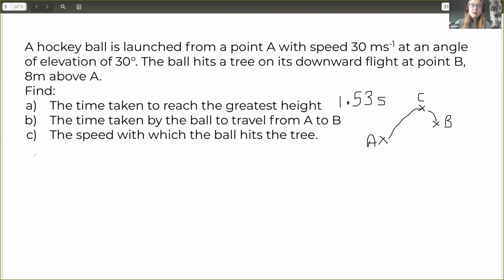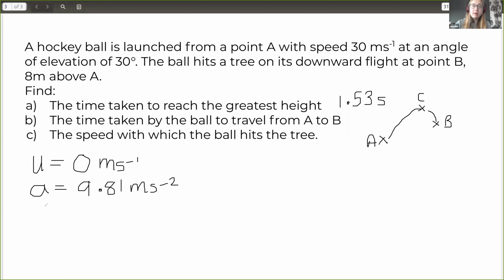And for that, our initial velocity is 0 because we're starting at the maximum height. We don't know the velocity at B, but we do know that the acceleration is now happening in the direction of our motion, so we can make that positive. That's 9.81 meters per second squared.